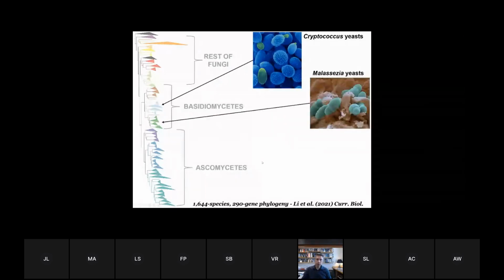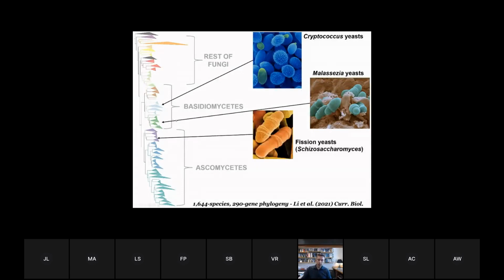There is another group of yeast called Malassezia, and they're responsible for many of the skin infections and dandruff. And they are an independent evolution of the yeast lifestyle, also in the Basidiomycetes phylum. And then there are the fission yeast, best known from Schizosaccharomyces pombe, a model for cell biology and the study of the cell cycle. And they are an independently evolved group in the phylum of Ascomycetes.